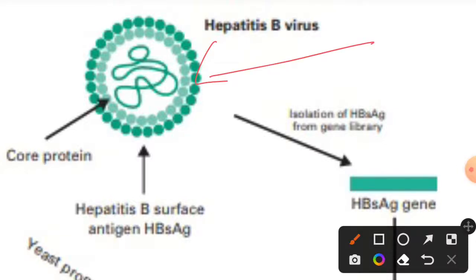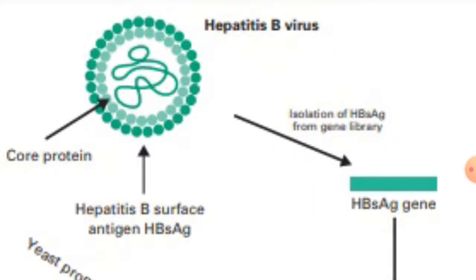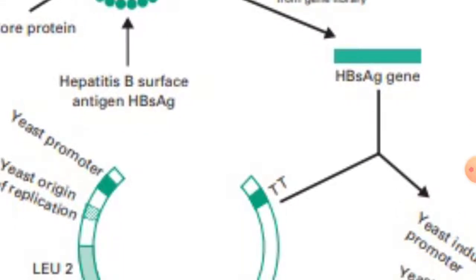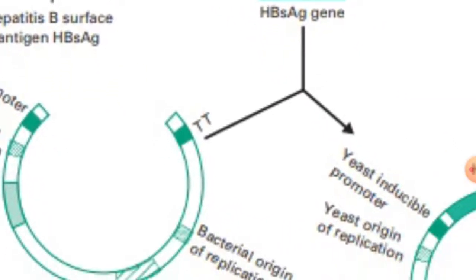The first goal will be to isolate the gene responsible for the production of the hepatitis B surface antigen. We have isolated it with the help of colony hybridization techniques that we have discussed. If you want to know what colony hybridization, plaque hybridization, and colony PCR are, which help us find our gene of interest from a library, see those videos.